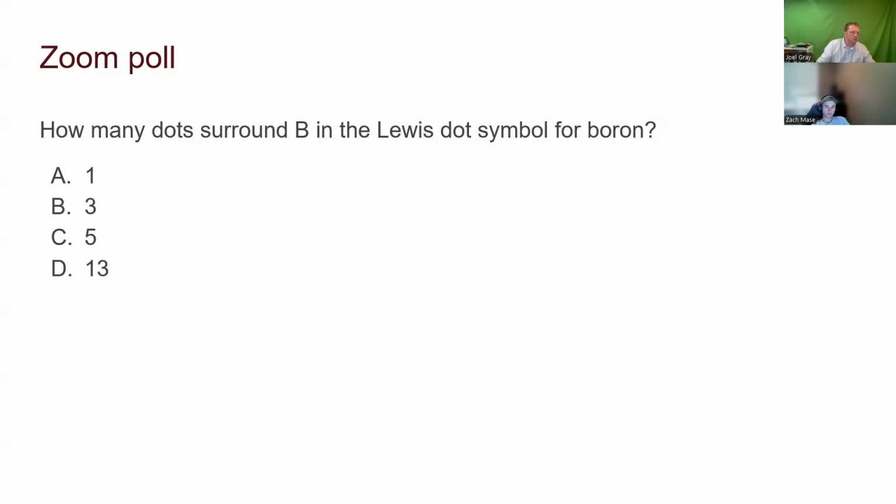Okay, there you go. How many dots surround B in the Lewis symbol for boron? Go ahead and put your answer into the poll question.